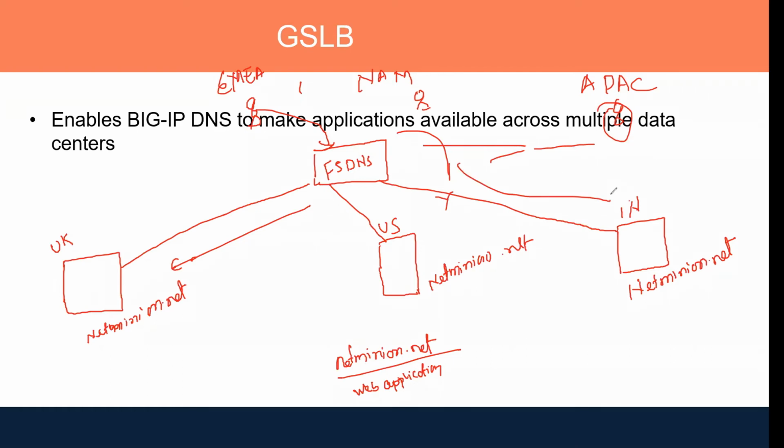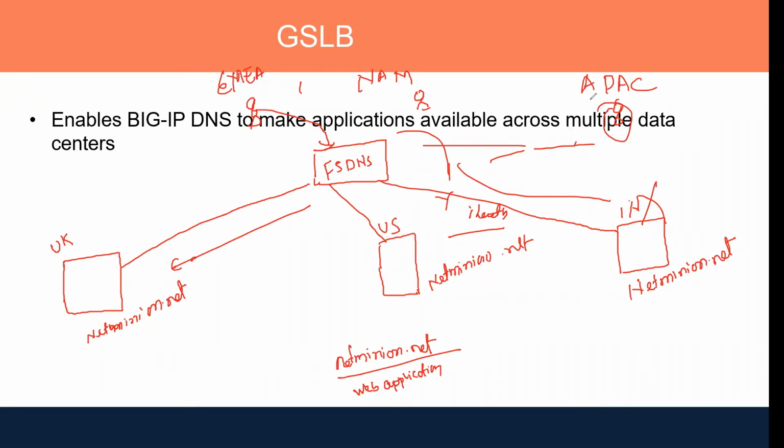So F5 is intelligent enough to distribute the DNS queries across the regions. And in case any region is not available, let's say the India region failed, F5 would be able to know using the iHealth feature that the health of this data center is down.